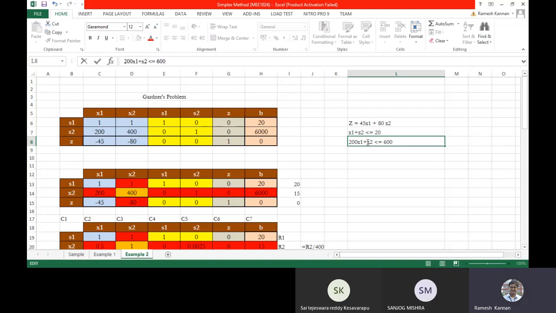This is the other constraint. So it's very simple. It doesn't take much of your time. I'll give you 10 or 15 minutes. Are you doing it? Yes, sir. Okay, once you finish, let me know. I'll be on the line.